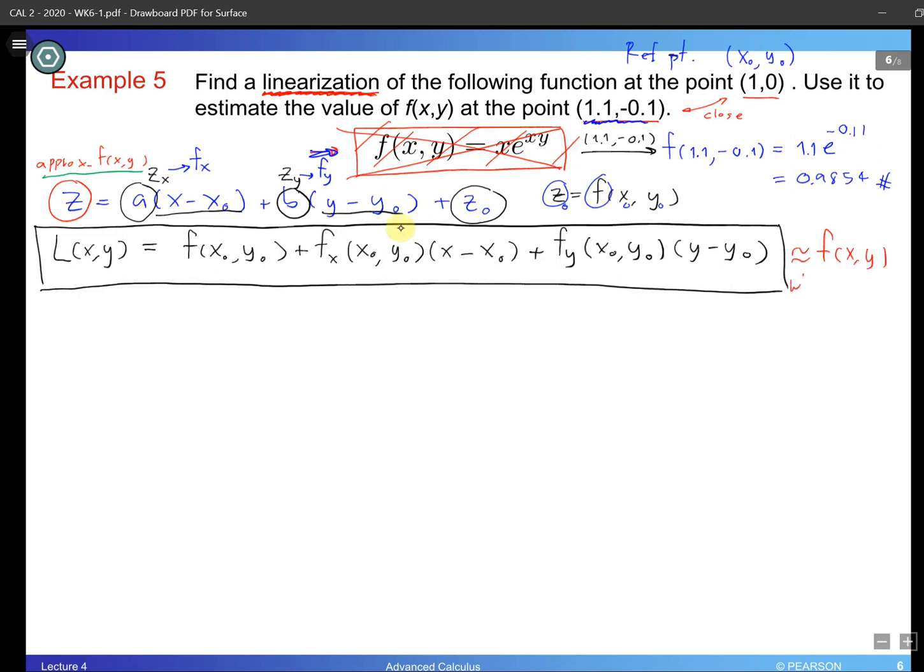When x and y are near x0 and y0, it has to be near the reference point. Okay, so that's all you need for the linearization. As long as you have this formula in your hand, everything else should be easy.